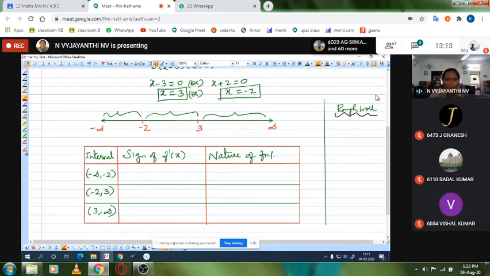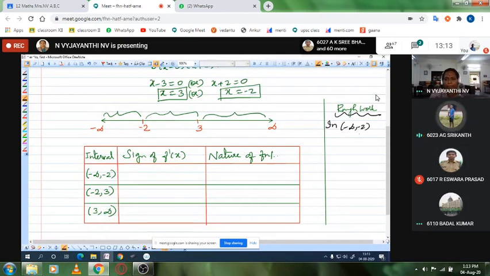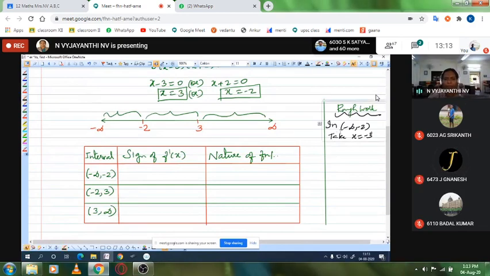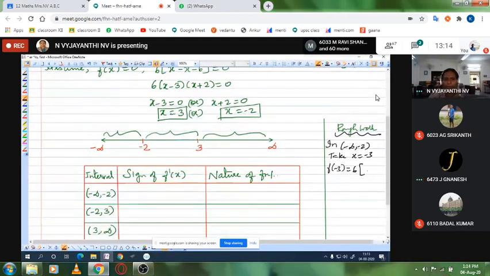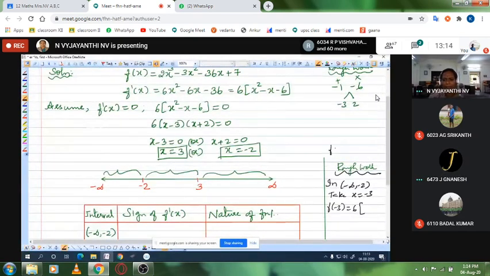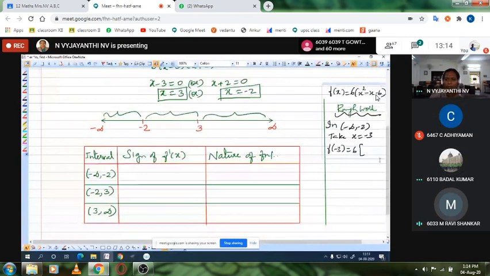So let us calculate the values. In minus infinity to minus 2, tell me one comfortable value. Take x equal to minus 3. What is f of minus 3? f of x is 6 into x square minus x minus 6.